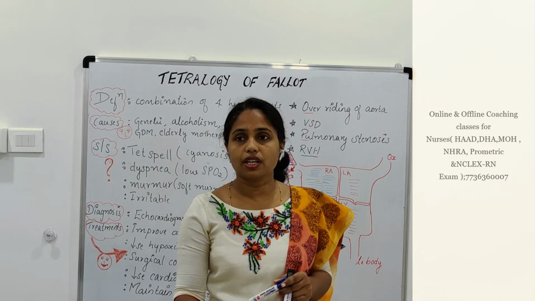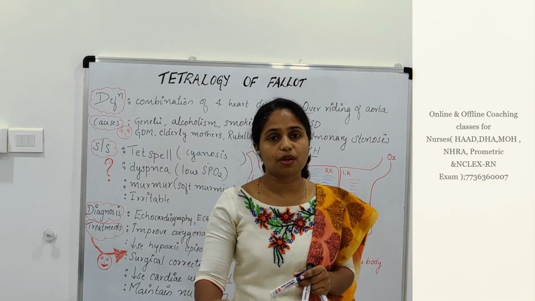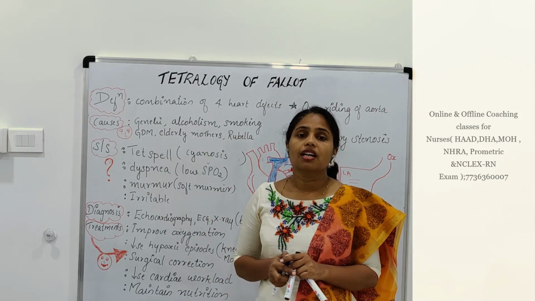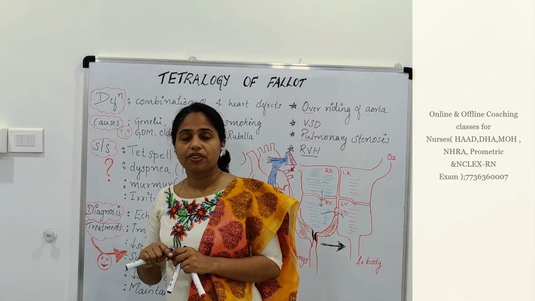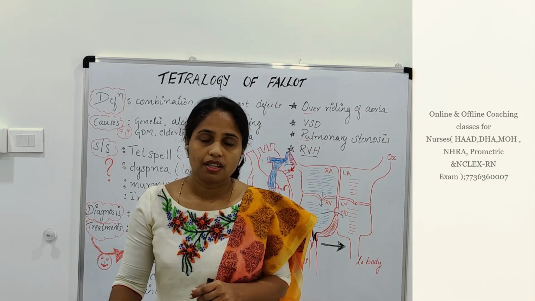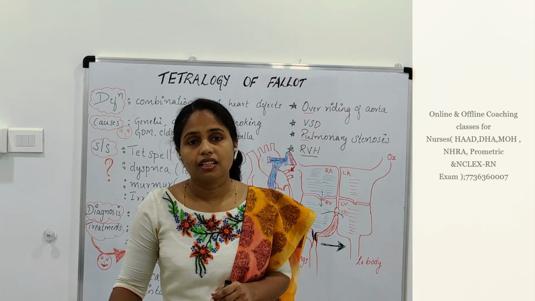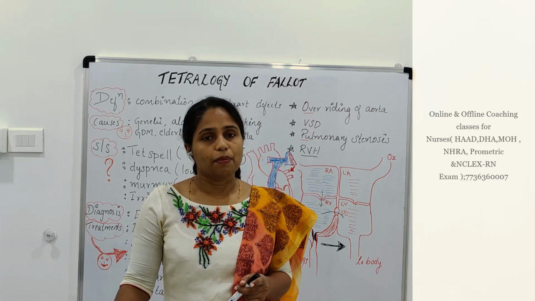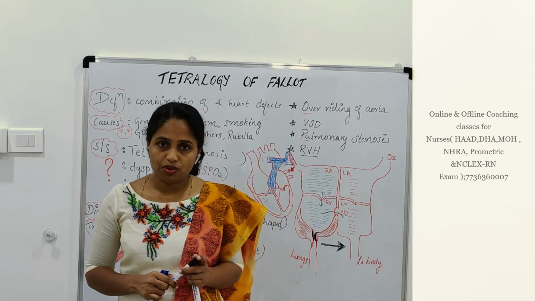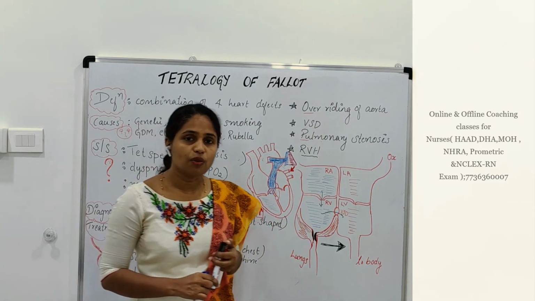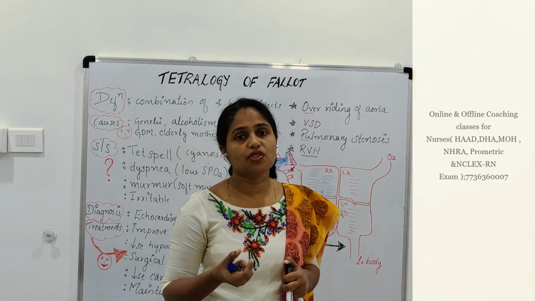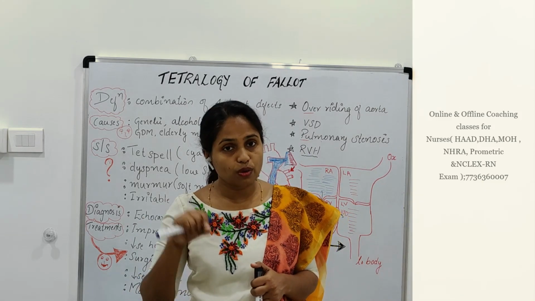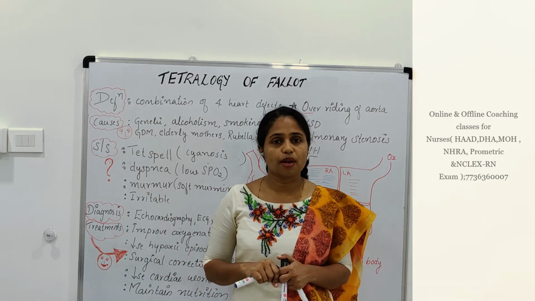Because of overriding of the aorta and the ventricular septal defect, the aorta receives deoxygenated blood and the systemic circulation is impaired. Because of pulmonary artery stenosis, the blood received by the lungs will also reduce, and it causes hypoxia.